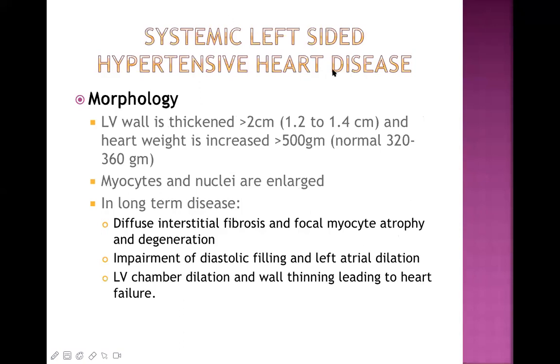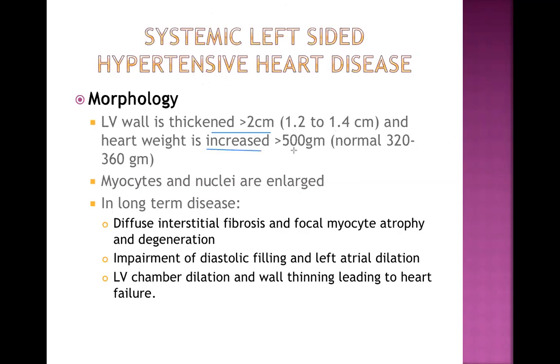Now, what are the morphological features in systemic left-sided hypertensive heart disease? Let's talk about it now. The left ventricular wall is thickened by more than 2 centimeter. This is an important point. Normally it is 1.2 to 1.4 centimeter, but because of hypertrophy it is more than 2 centimeter, and the weight of the heart is increased.